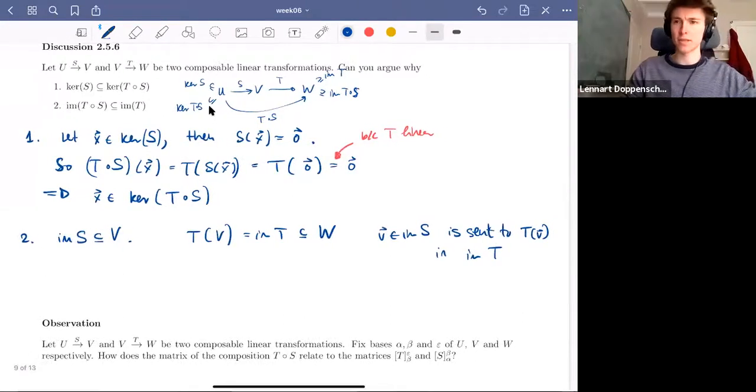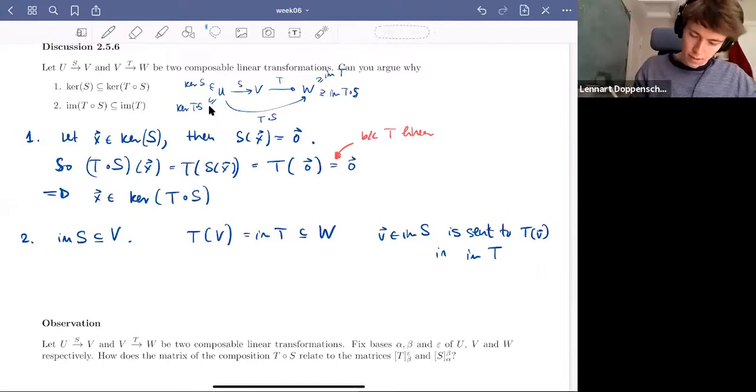But I'm not convinced. Maybe I'm missing something, but I'm not convinced that this is enough to show that every element in the image of T. So I'm not saying that what you're saying is wrong. I'm just saying that I'm missing one detail that I would like to include to make it clear from start to finish.